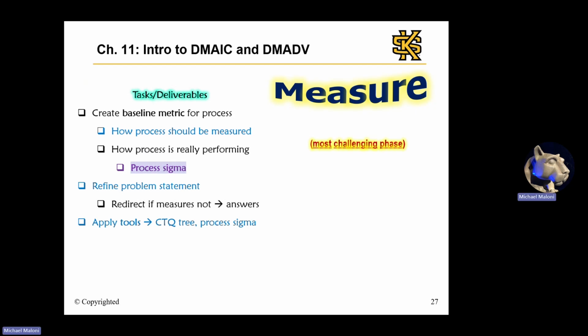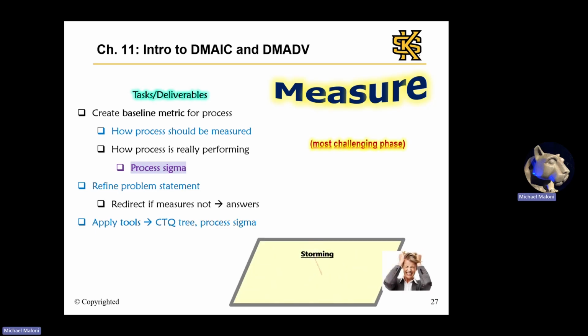As teams begin to understand the full depth and complexity of the process during the measure step, they may enter a storming stage where they start questioning the viability of the project, or rail against the sponsor and or the team lead, or maybe complain about the workload and time, or even just stop showing up and participating.